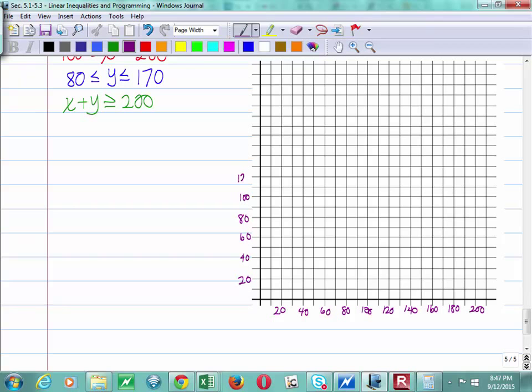It's always best to scale your x and y axis with the same scale if at all possible, so that'll reduce confusion on your slopes and whatnot.